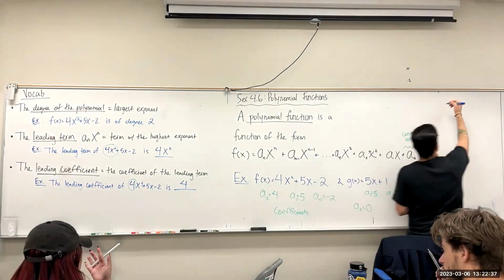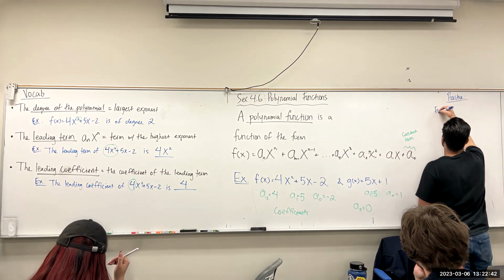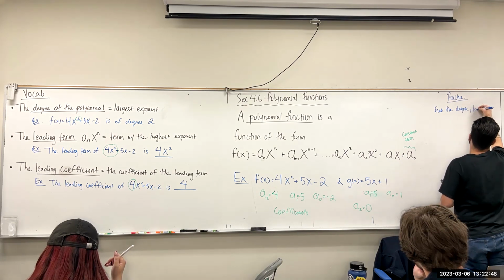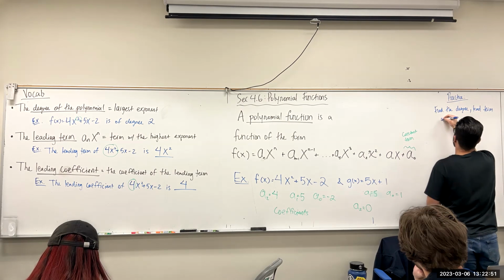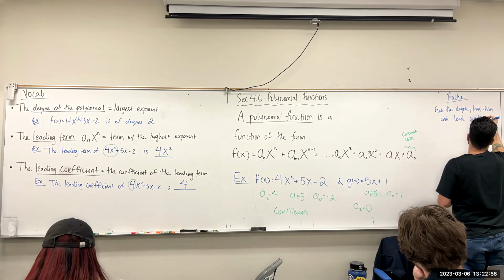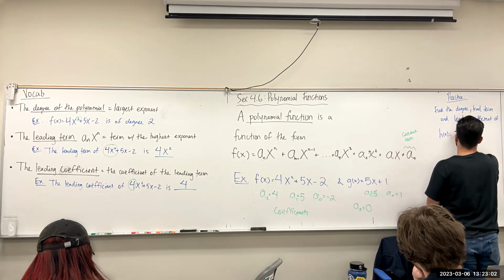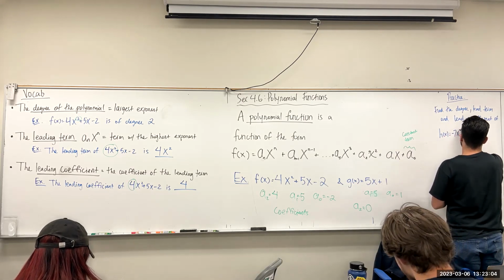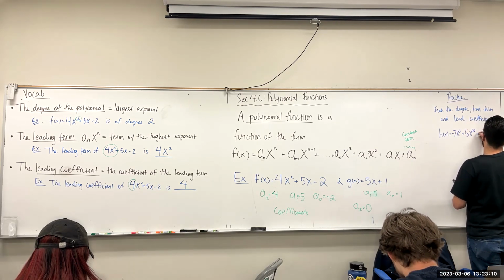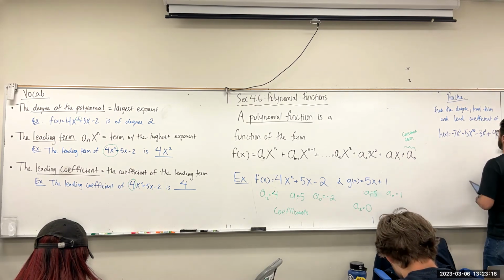All right, a baby practice one. Find the degree, leading term, and leading coefficient of, let's call this polynomial, negative 7x to the third plus 5x to the 40th minus 3x to the third plus 9.